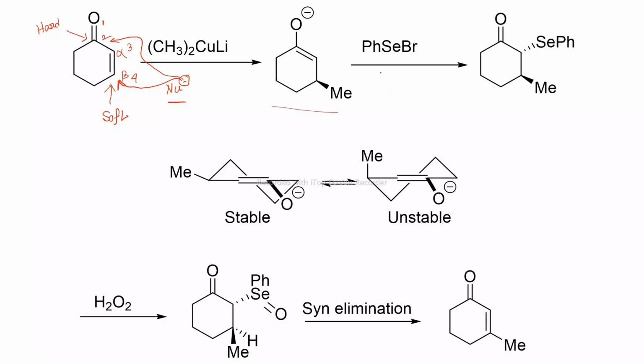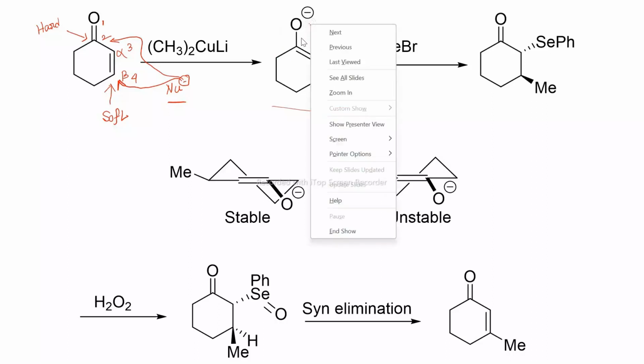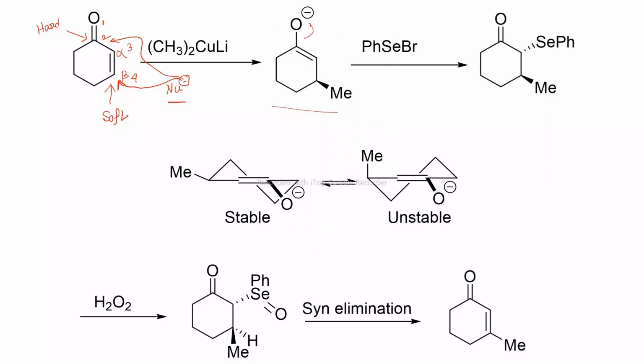Now after that, another reaction will happen with phenyl selenium bromide. In that case, this will be happening basically due to an SN2 reaction. This oxygen will come like this, and this bond will attack here, and selenium and bromine will leave. So we'll get this product.